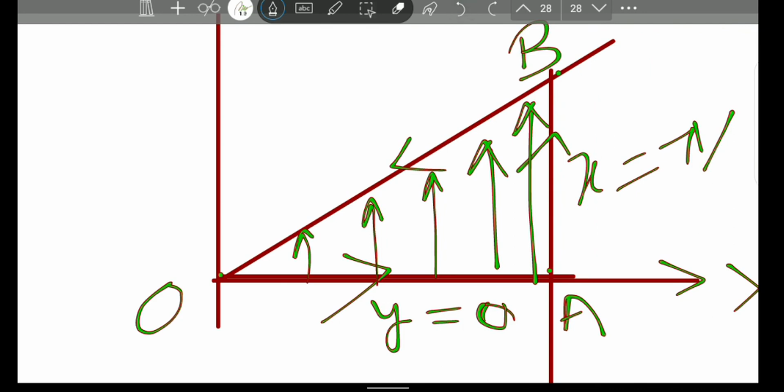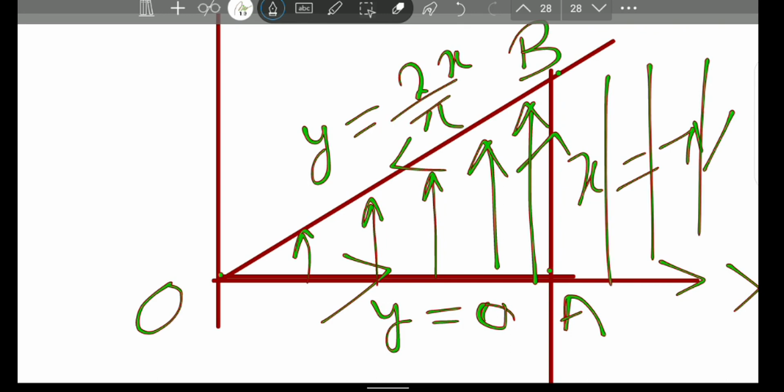First we should start from y equal to 0 and go up to y equal to 2x by pi, which is given. But then we will be covering this region and also maybe this region, which we don't want. How do you remove those?